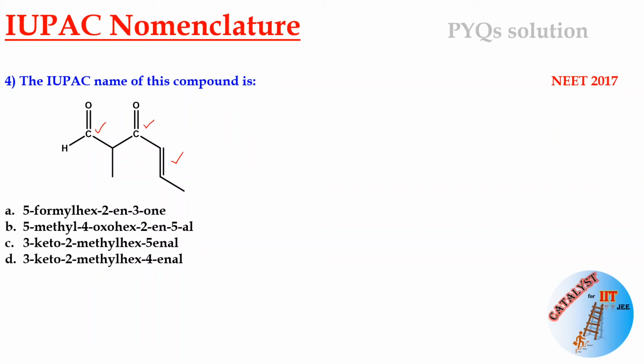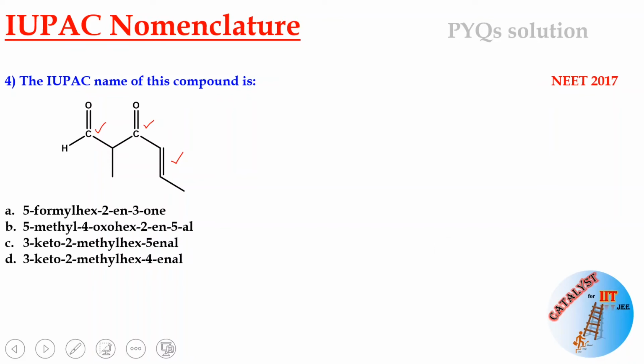In this question we will use our priority order, which I have taught in your second lecture, in which I have discussed all the functional group nomenclature for all saturated as well as unsaturated hydrocarbons which contain functional groups. And in my previous lecture I have also given the priority order so that you can choose between different functional groups which you have to term in your suffix and which in your prefix.